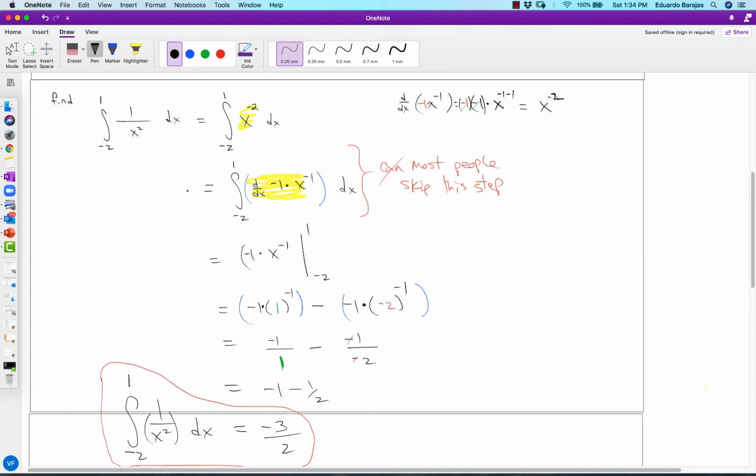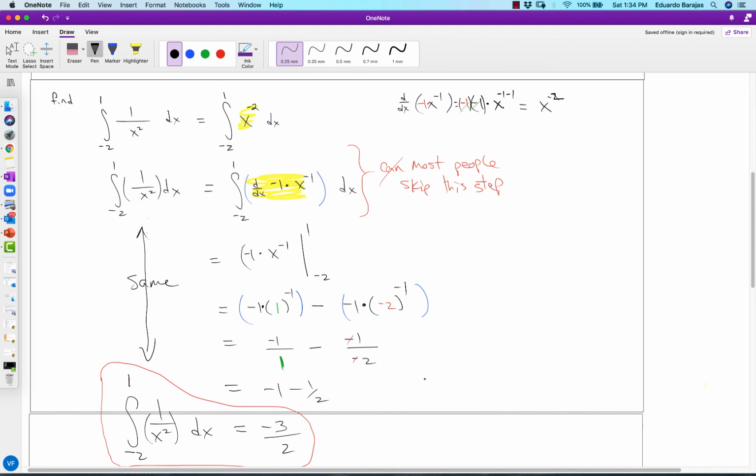And then at every step there, this is also the same integral from -2 to 1 on 1 over x squared dx, and so on. So I'll just put the same on the left-hand side. Everything stays the same. Copy all the way down until you get to that.